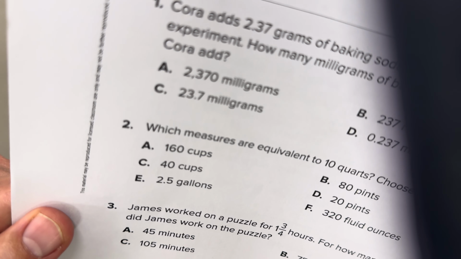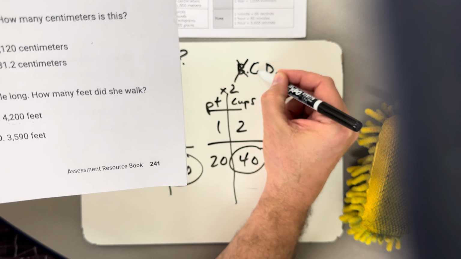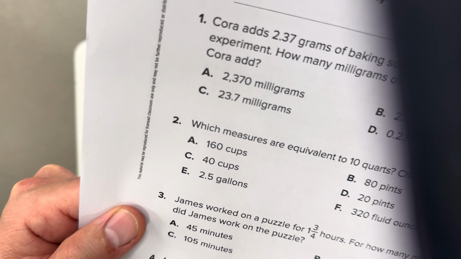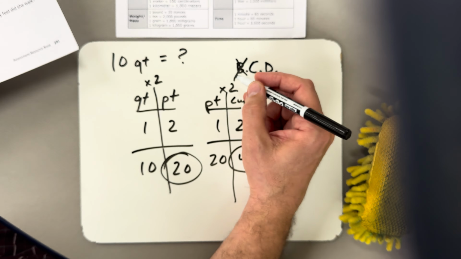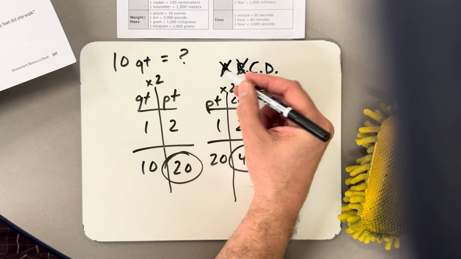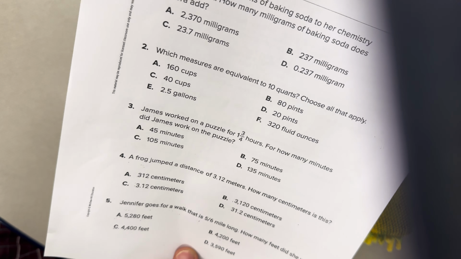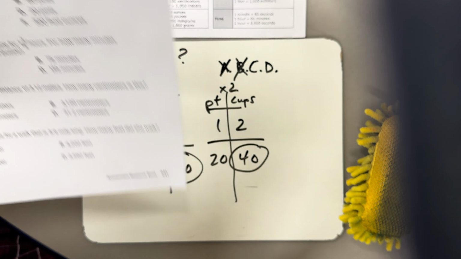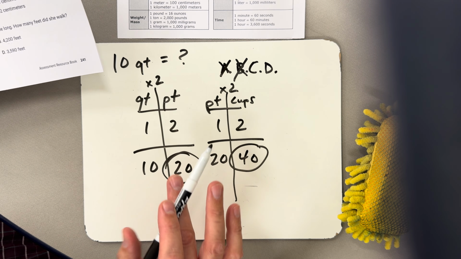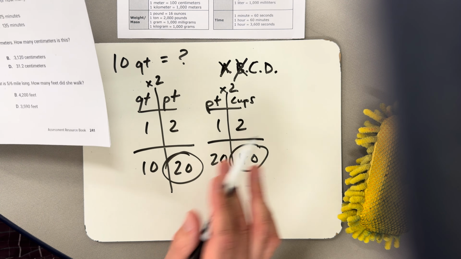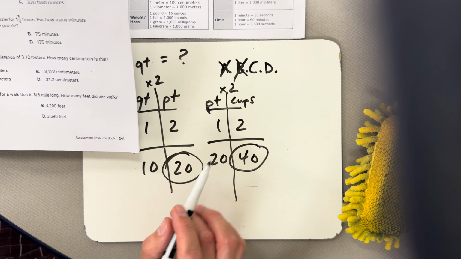So that would be C. That means I could also cross out A, right? They can't have two different answers for cups to equal the same thing. So I don't have to calculate every single thing on this question. I just need to do enough to answer the question. So now I know that C, 40 cups, and D, 20 pints, are right. I need to figure out E and F.